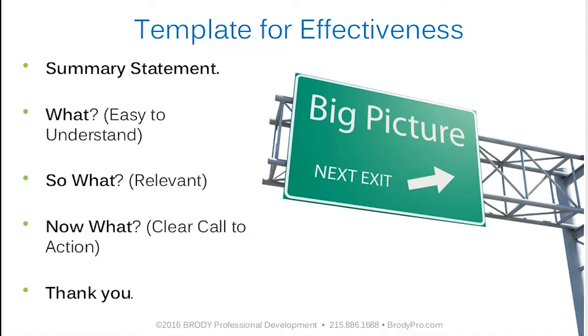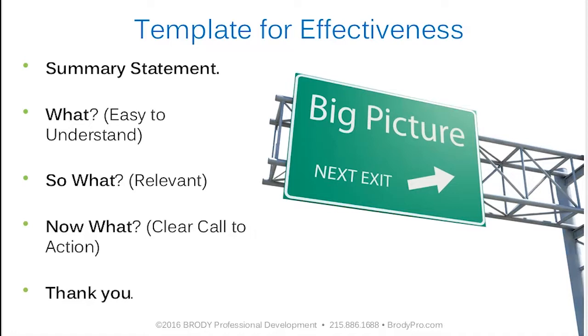So the first one is a summary statement, that's the main point. So you think about your email, what's my main point? Then there's the what. You want to make it easy to understand. What means data, evidence.